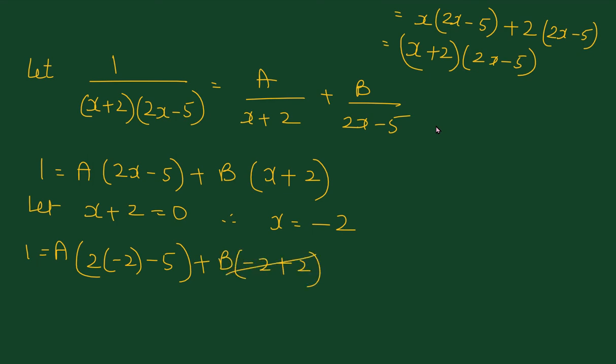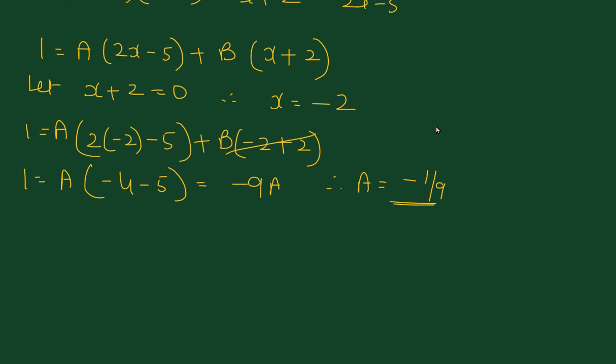So the b term goes away. We get 1 is equal to a into minus 4 minus 5, which is minus 9a. Therefore a becomes minus 1 upon 9.